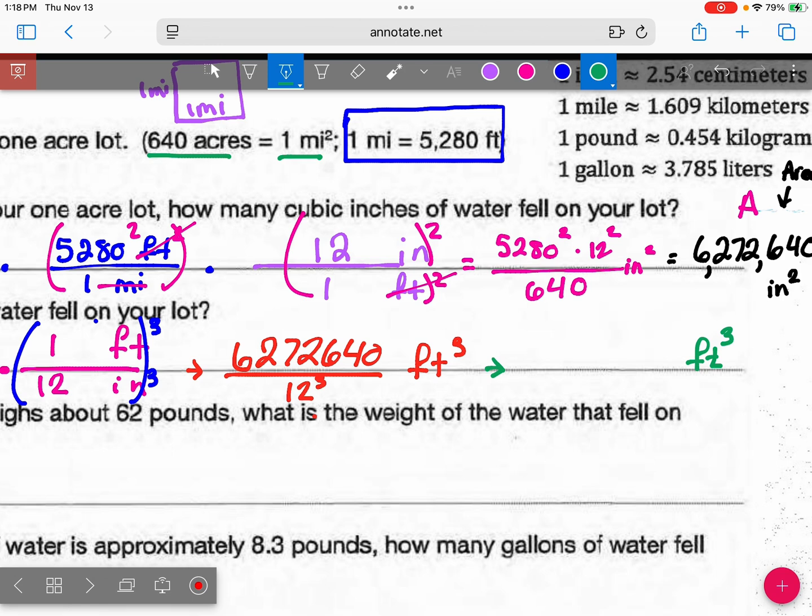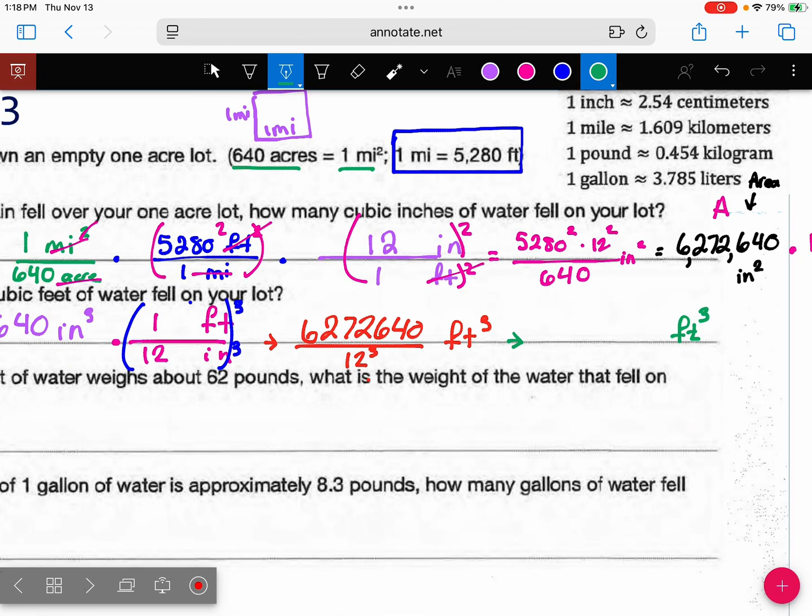It's not going to be that. Make sure we're cubing the 12. Over 12 cubed, 12 to the third. We should get 3,630. Got it. Touchdown.